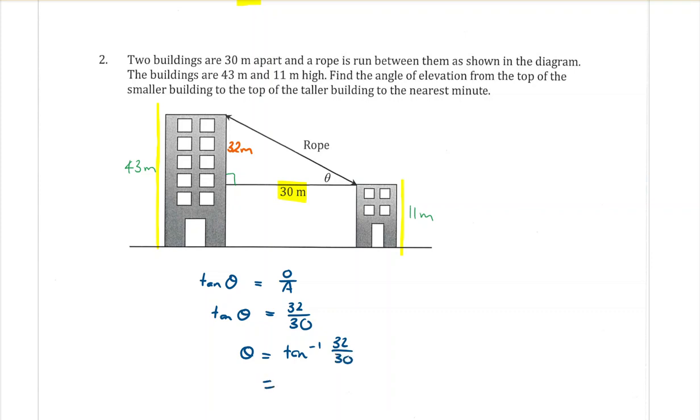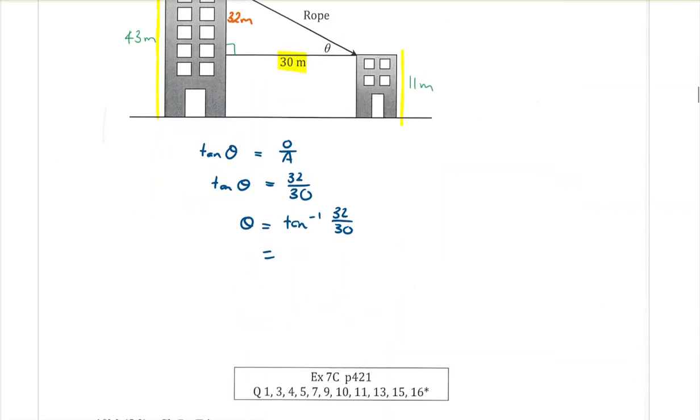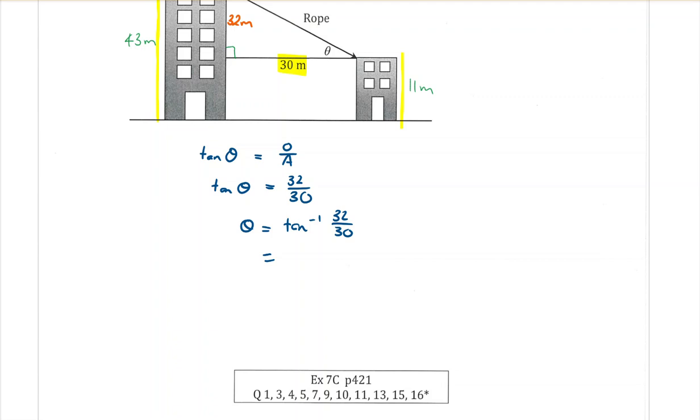It does say in the question, looking back here, to the nearest minute. So type that in your calculator. If you type it in, shift tan or inverse tan of 32 over 30, press equals. Then you need to press your bubble button to turn it into degrees and minutes. What do you get? 46.51, good.